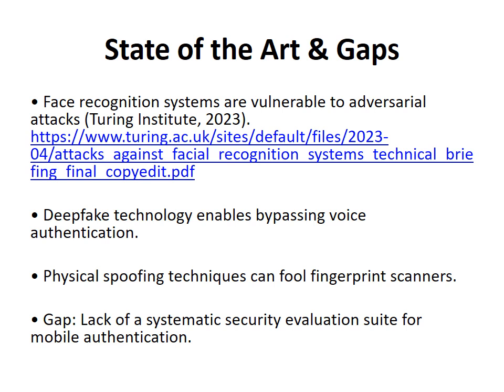There are also spoofing methods, for example, physical spoofing techniques that fool fingerprint scanners. Despite all these risks, there is currently no standardized testing framework for systematically evaluating these risks and other risks.